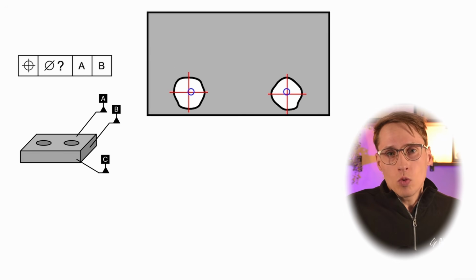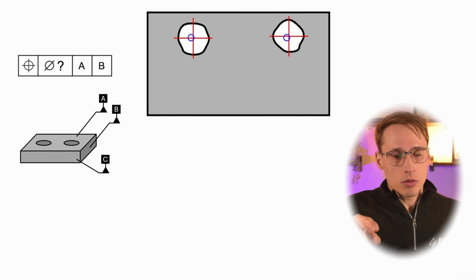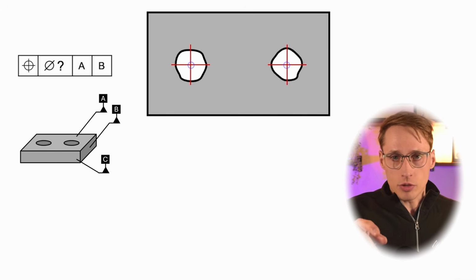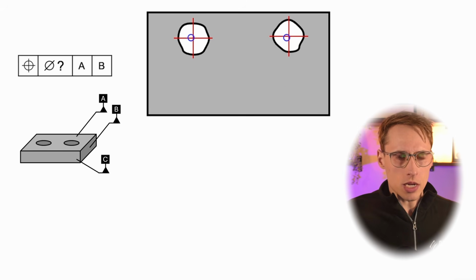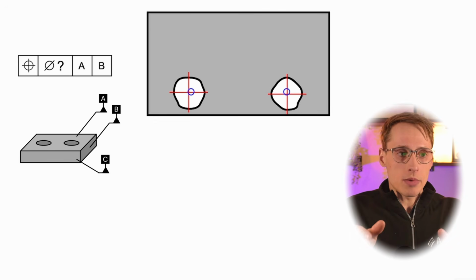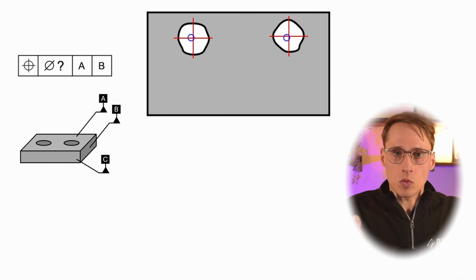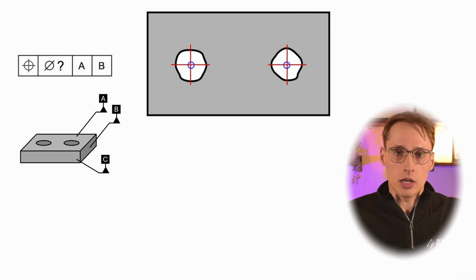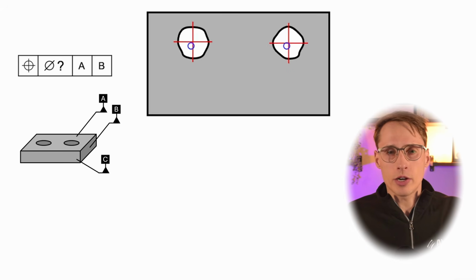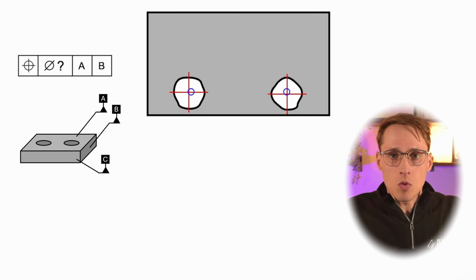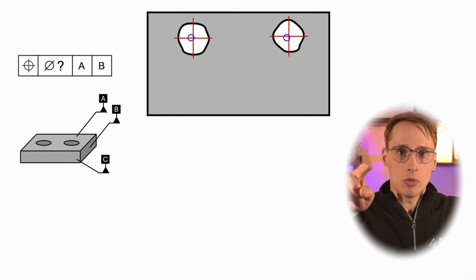But we've locked in those tolerance zones relative to datum feature B. So that explains why each tolerance zone is only moving up and down, but why don't we see maybe one tolerance zone move up while the other one moves down?